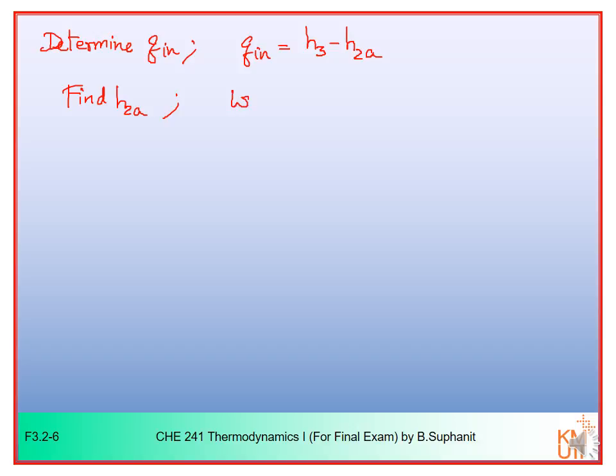We have W12A equals H2A minus H1. W12A we have just received previously, 7.11, equals H2A minus H1, 191.81. So H2A would be 198.92 kilojoules per kilogram.